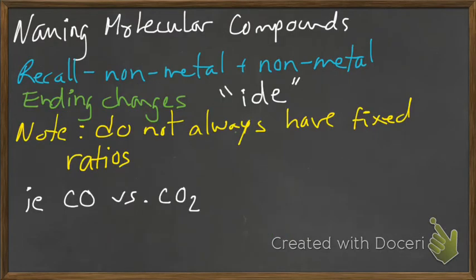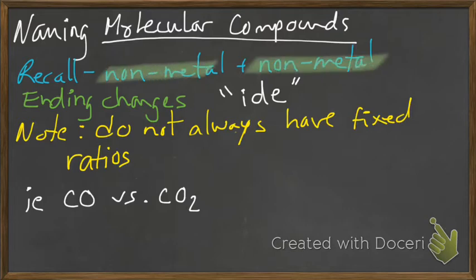Okay, this will all make sense when we go to the next slide. We're actually going to start with molecular compounds, because I find it's a bit easier to name the molecular compounds. So the first thing we want to remember is what a molecular compound is. It is a nonmetal with another nonmetal. My nonmetals are on this side of the periodic table.